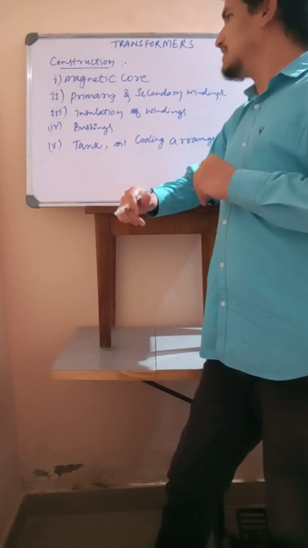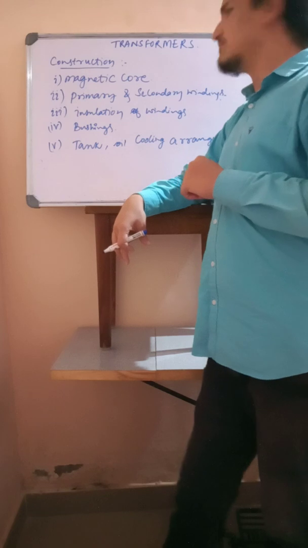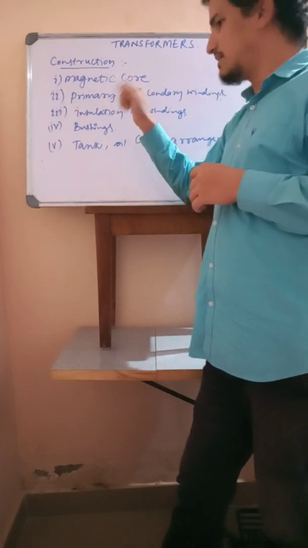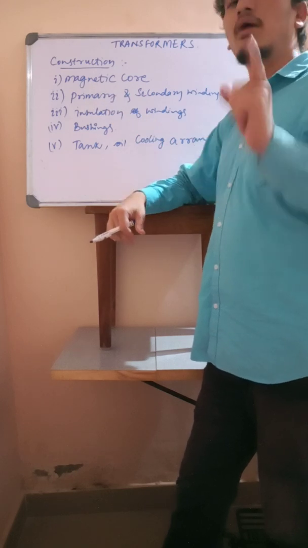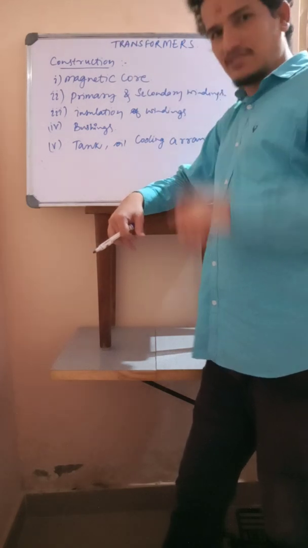And next we need insulation of the windings. Why do we need insulation of the windings? The winding should not come into conduction with the core, so insulation has to be provided between the windings and the core as well.